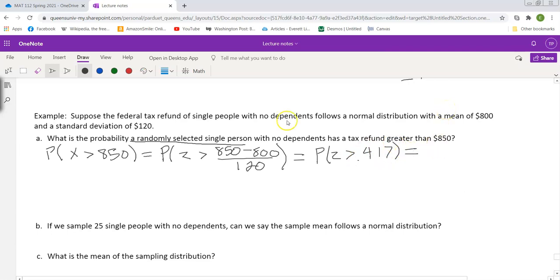And this is another greater than one, so we're going to do 1 minus NORM.S.DIST, that 0.417, comma true. And let's see what we get.